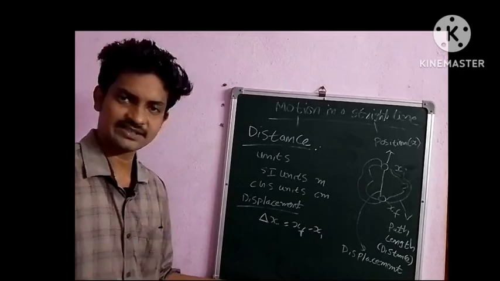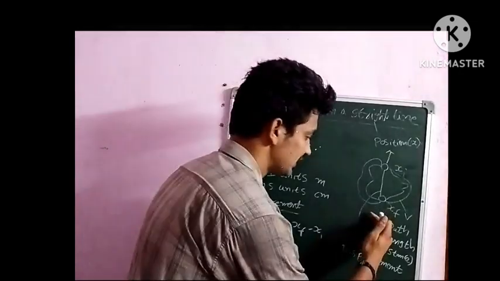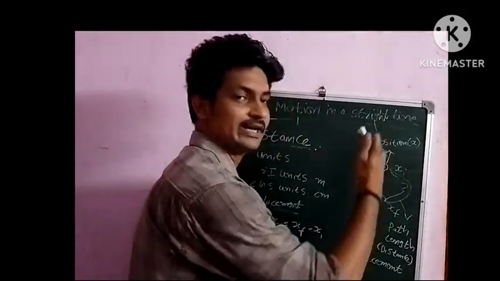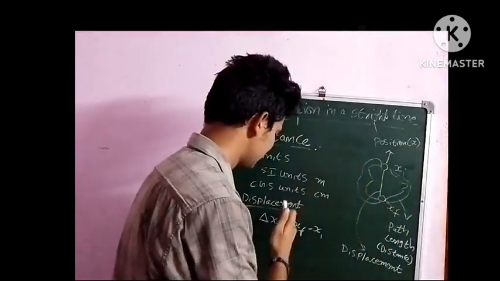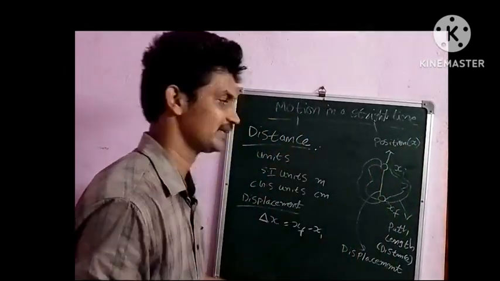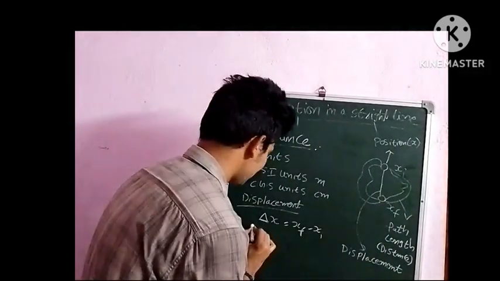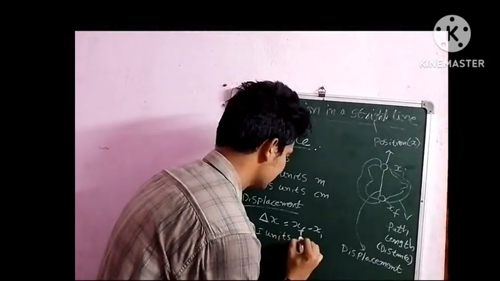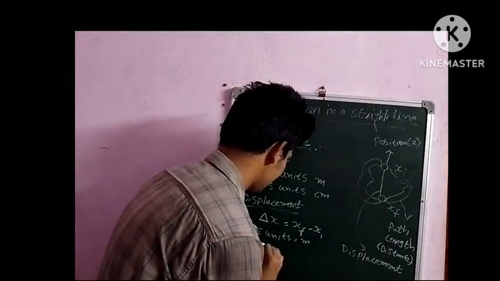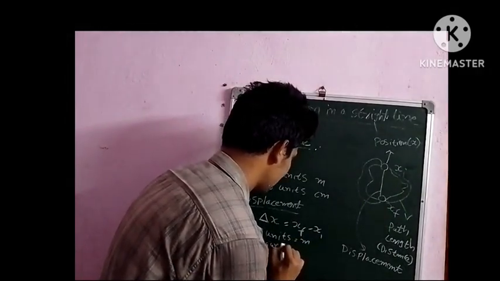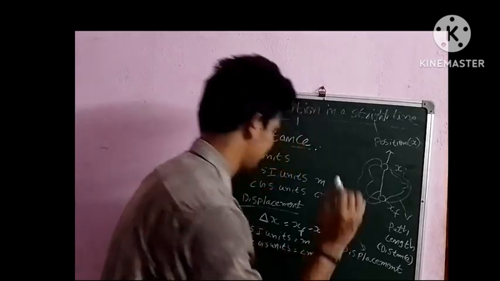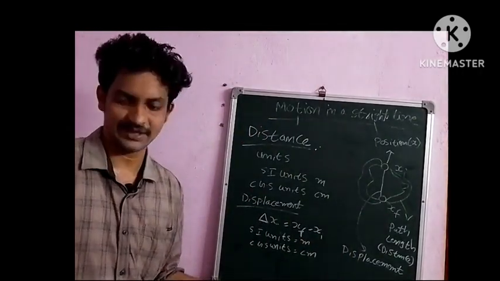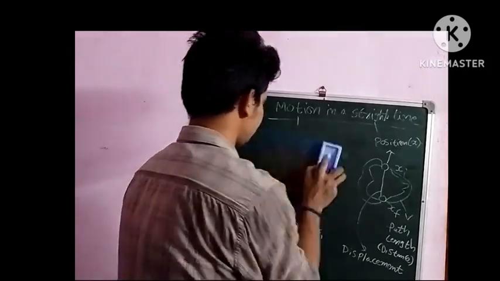This is called displacement. SI unit is the same as distance, meter, and CGS unit is centimeter. This is the distance and displacement.